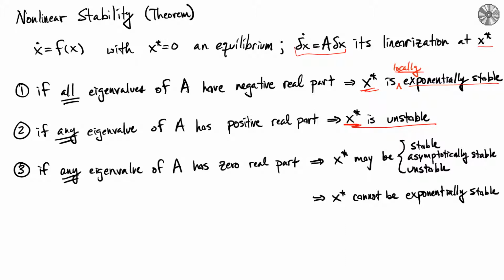And then if any eigenvalue of A has zero real part, then it depends. It can't be exponentially stable, but it could be stable, so its trajectories could stay contained. Or it's also possible that it is asymptotically stable, so things converge. Or it's also possible that it's unstable. And you can develop examples for all of those different cases.